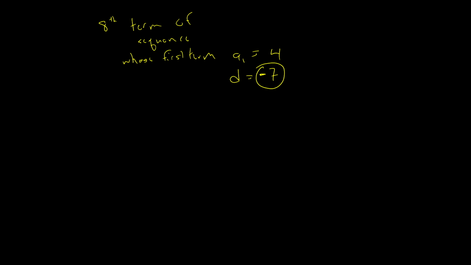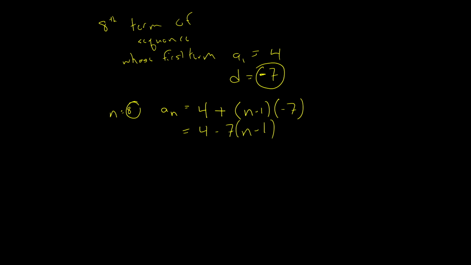And so I can go, hey, I want to find n equals 8 out of the formula that a sub n is equal to 4 plus n minus 1 times negative 7. And I'll rearrange terms here, 4 minus 7, n minus 1.